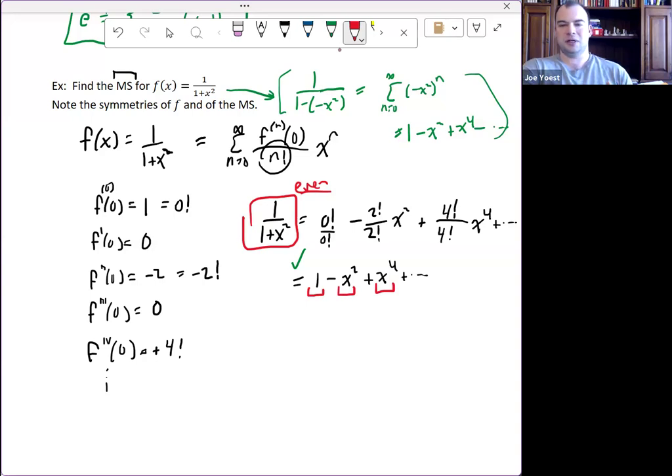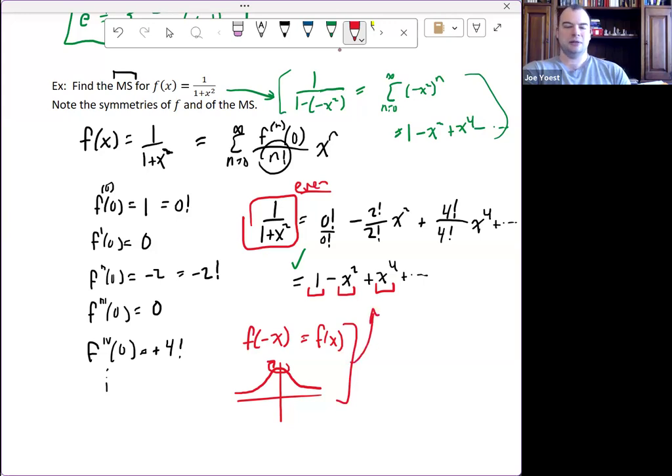So there's a one-to-one correspondence between even function symmetry, where f of negative x equals f of x, or flipping about the y-axis and getting the same thing, and the Maclaurin series representation only having even powers and no odd powers.